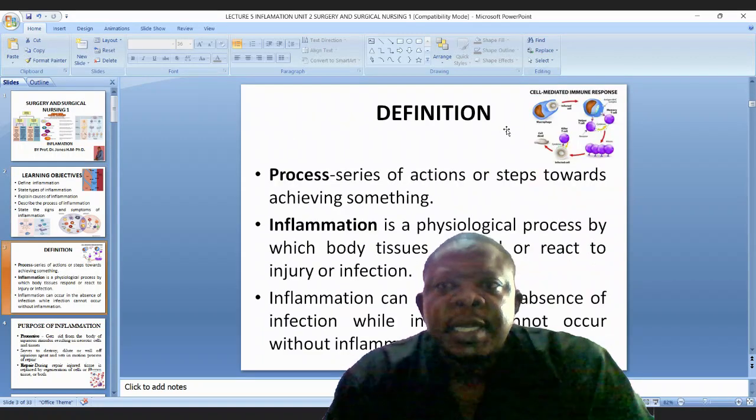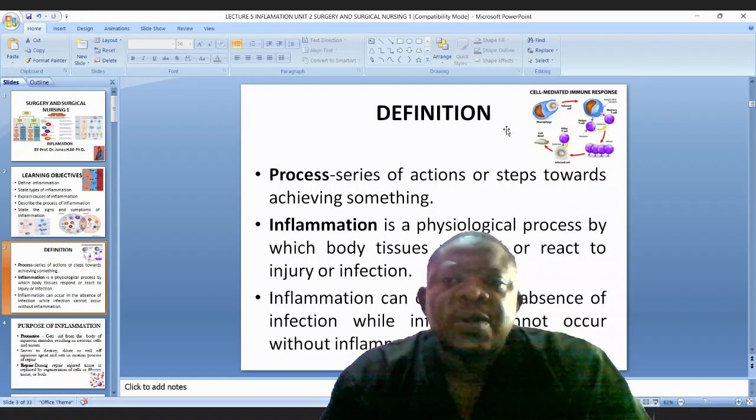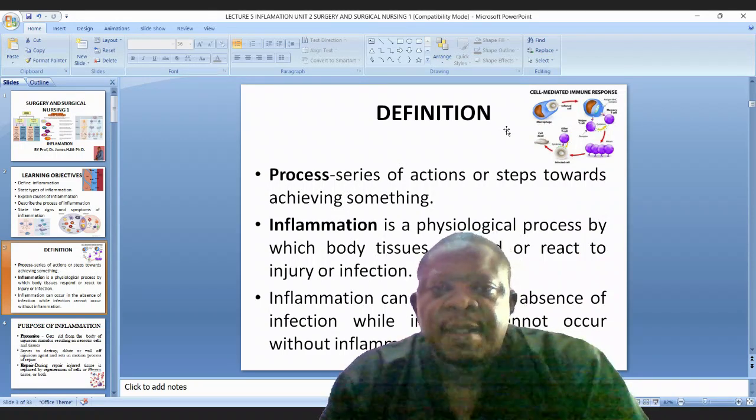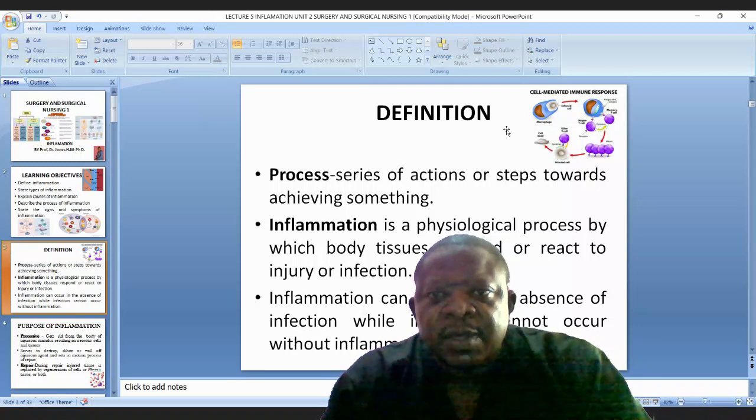So to begin our lesson, let us understand what the term process means. So the term process simply means a series of actions or steps towards achieving something. So when trying to appreciate inflammation, you need to know that it's a process, okay, or there is a process that is involved.